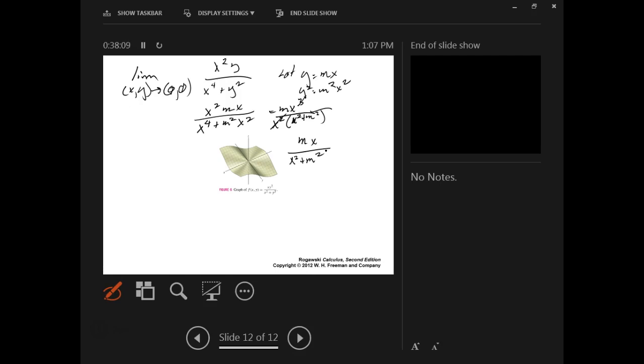So for any m other than 0, this limit is going to 0.